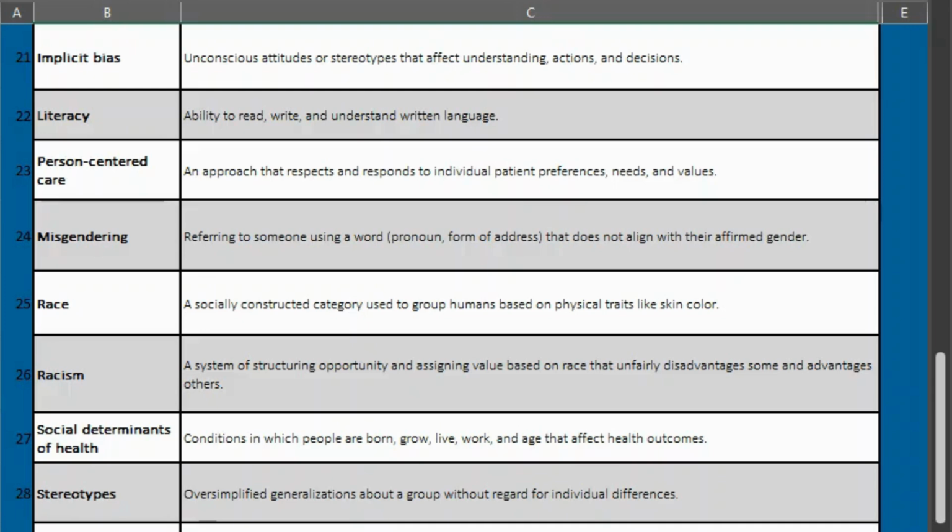Literacy: confirm the patient can read prescription labels, offer large print if needed. Person-centered care, an approach that respects and responds to individual patient preferences, needs, and values, which means involve family in care planning when culturally appropriate to a patient.